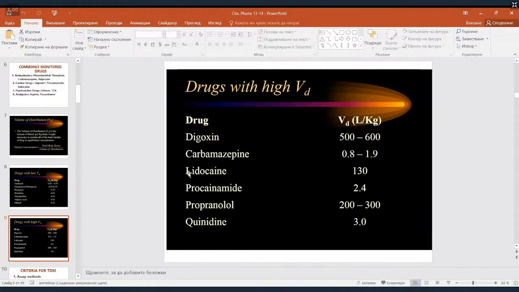So mostly these drugs like to distribute not in the intravascular space, but mostly in the tissues, like in muscles, in fat. So this gives you an idea of where the drug concentrations are highest and where the drug stores are mostly located, the volume of distribution.